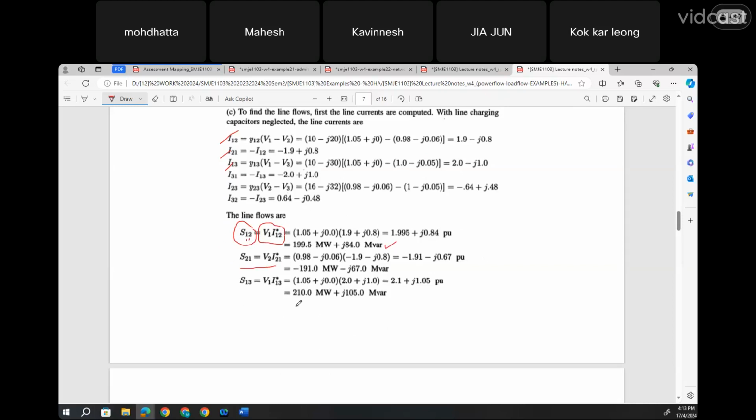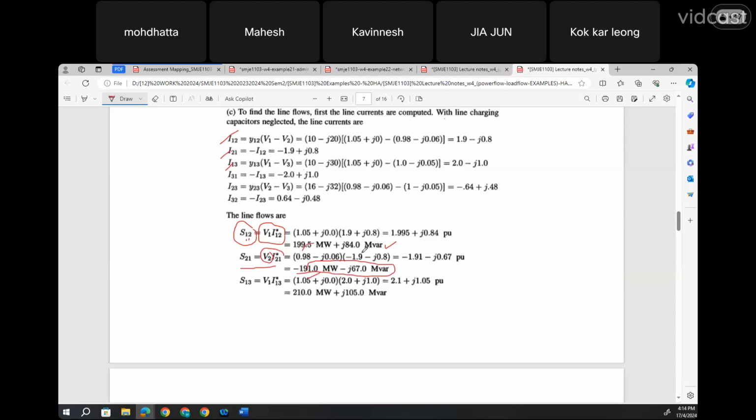Same goes for S21, and please note that although I21 is the negative of I12, when you put in the influence of the voltage, the power flowing from 2 to 1 is slightly different. Here you see that for S12 we have 199.5 megawatts, and here we have negative 191.0 megawatts.